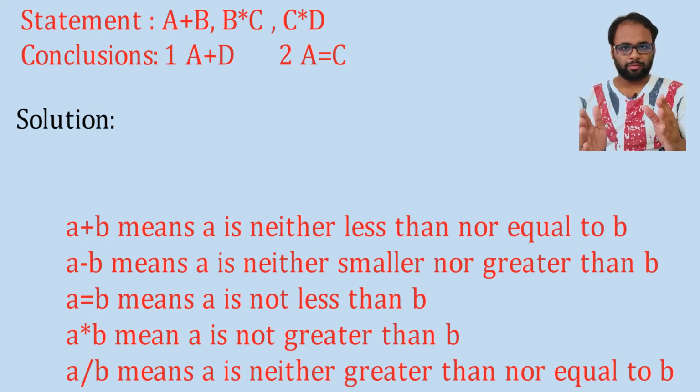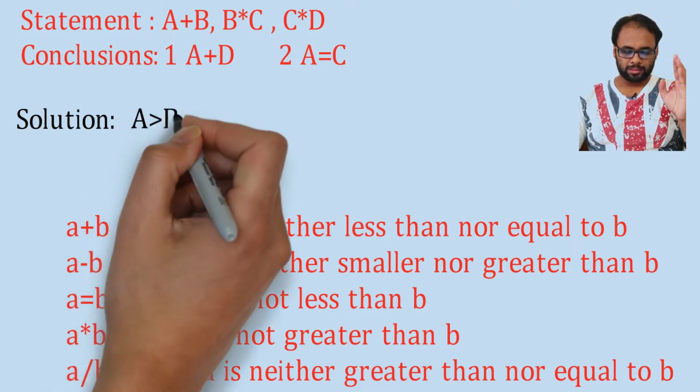In the statement it is given a plus b, and as per the question, a plus b means that a is neither less than nor equal to b. So a is neither less than b nor equal to b. It is clear that a is greater than b.